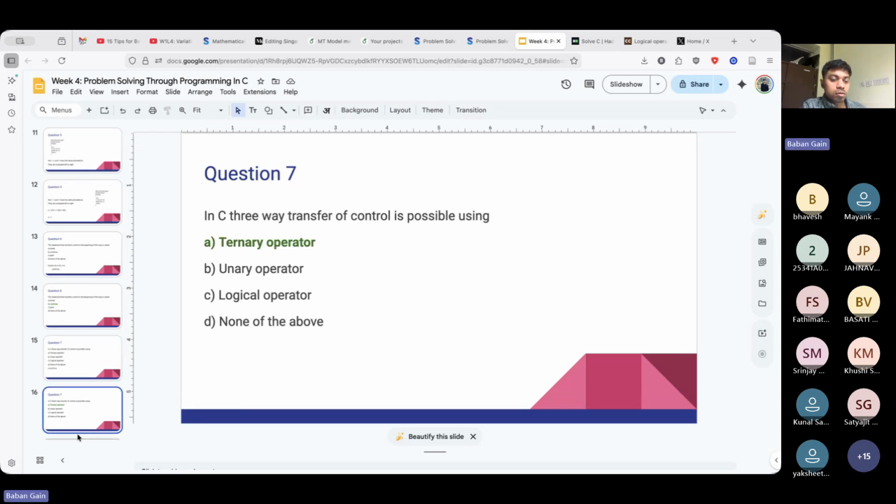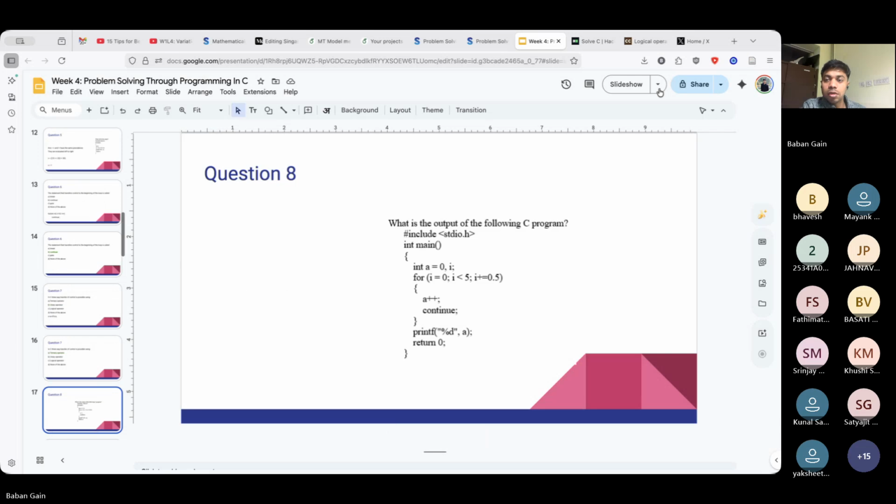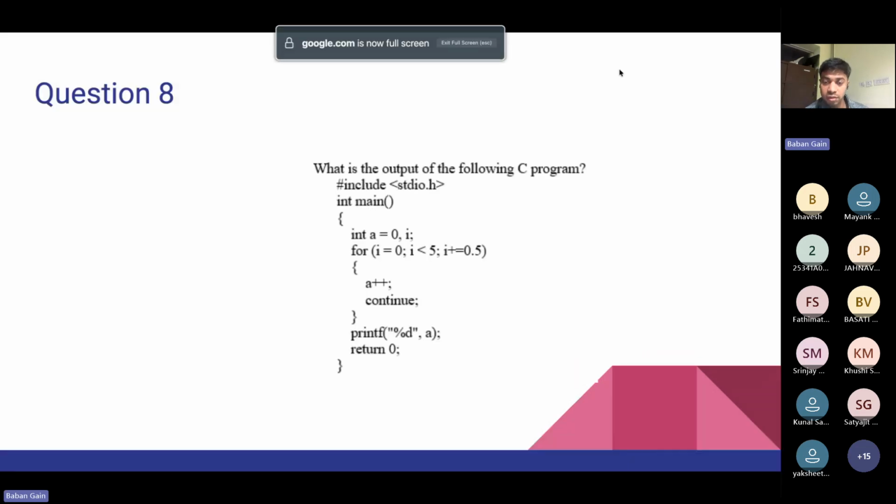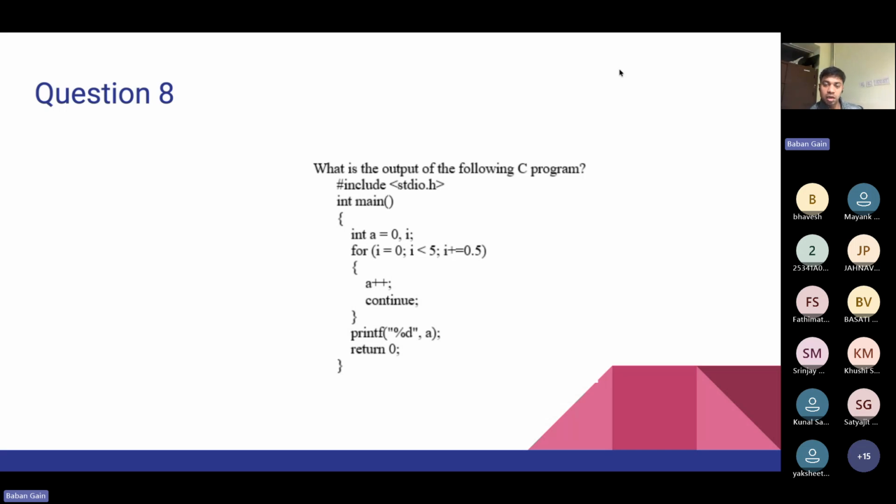Okay, so let me go to the next question now. You need to check this carefully. We have a for loop. We are incrementing the i, and what will it print?